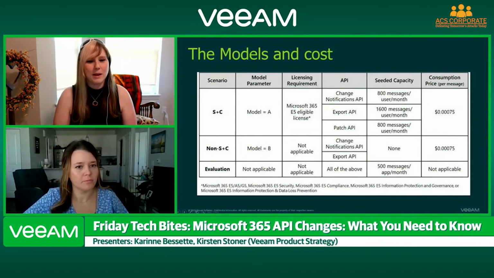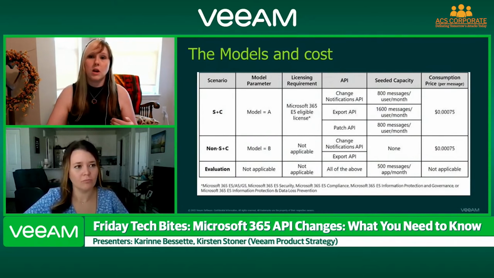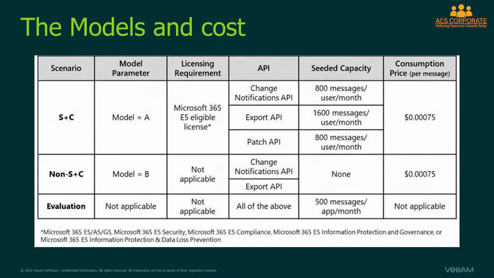And I think our next page here is with that model and that licensing. So with the model and the licensing, it's going to depend which license you have. You may have so many costs for that export API for Microsoft Teams coming out. We can see the E5 eligible license, but if you're running some of those lesser license or education license in some cases, you're going to be charged per transaction for messages.